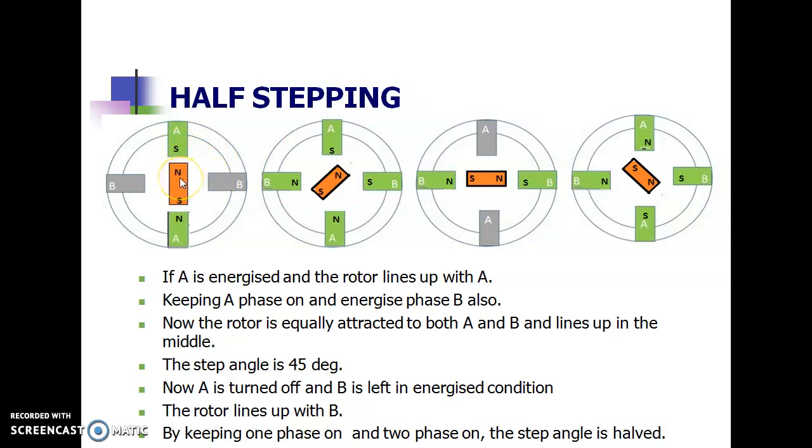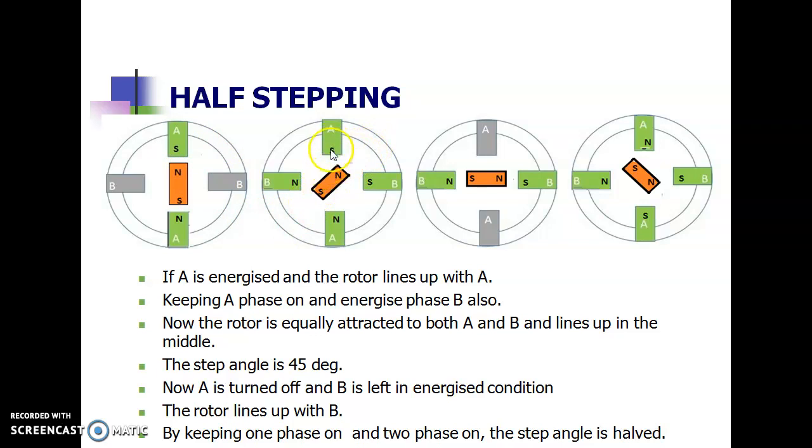So the north pole is equally attracted by A as well as B, and it lines up in the middle.